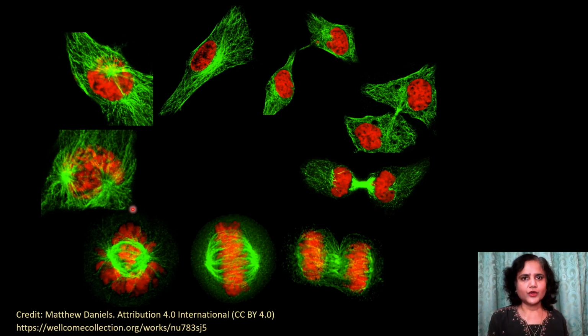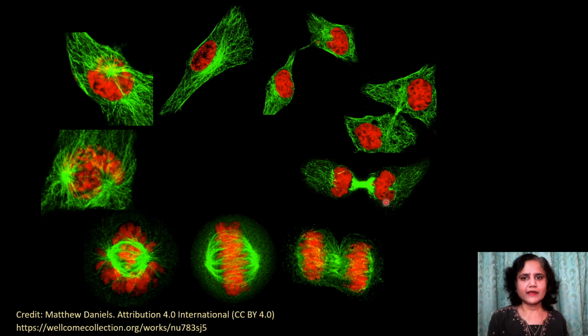And this is followed by prometaphase, where now the chromosomes are attaching to the spindle microtubules, but this process is as yet incomplete. In metaphase, the chromosomes are all attached and aligned at the equatorial plane. And this is followed by the metaphase to anaphase transition, where the two sets of chromosomes or sister chromatids separate away from each other and move to the poles of the spindle, and the spindle poles also move away from each other.